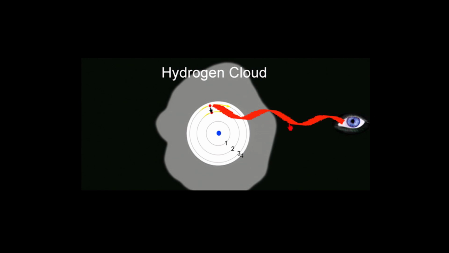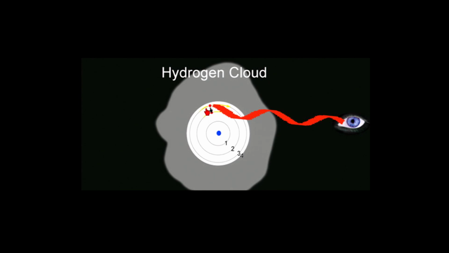Now, why is the photon that it gives up the same exact shade of red that we saw previously? Because the energy difference between level 2 and level 3 requires the same amount of energy whether you go from a lower to a higher level or a higher level to a lower level. So the shade of red that the electron takes in to make a jump up has to be the exact same shade of red that the electron gives off to make the jump downward.